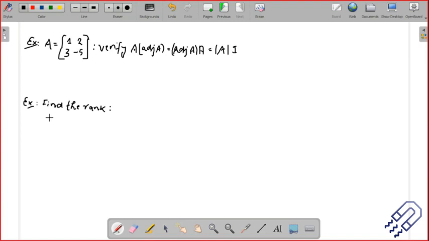Okay, so I'll give you some matrices and you have to just find out the rank. This is one.